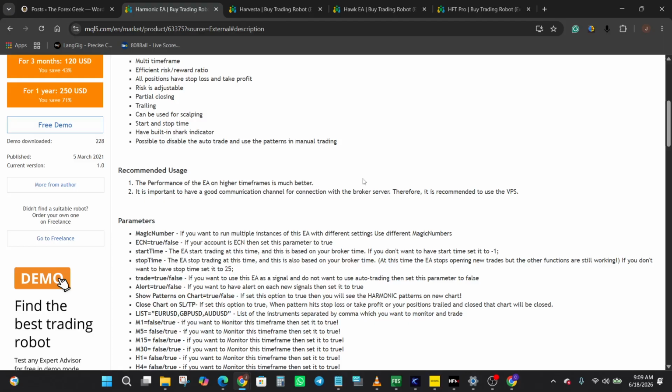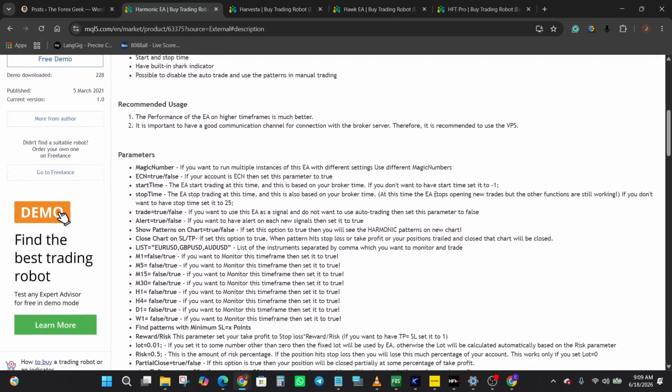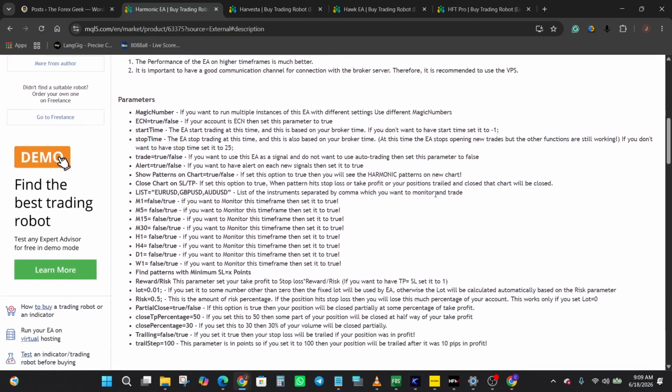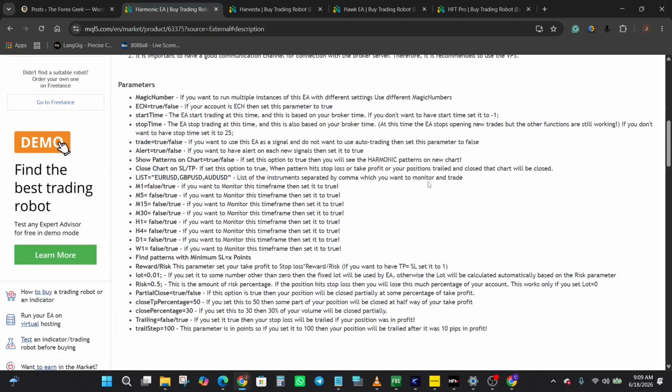from automated pattern recognition. Okay, so now looking at the settings, traders can choose which symbols to monitor, enable or disable specific time frames ranging from M1 through W1. Define trading hours, configure alerts, adjust reward to risk ratios, and control how trailing stops and partial profits taken are handled.